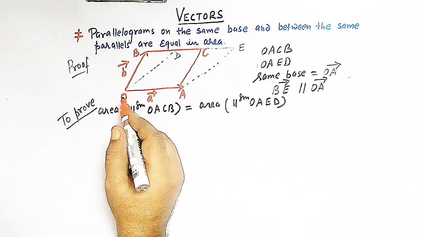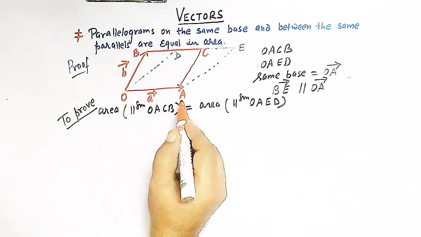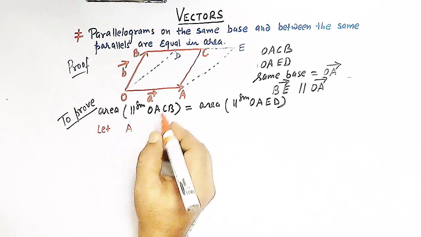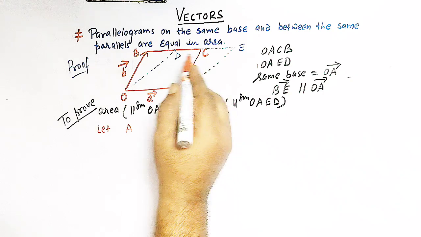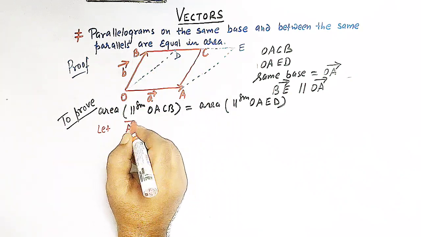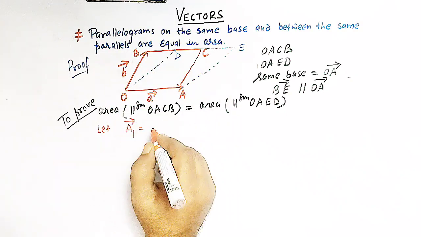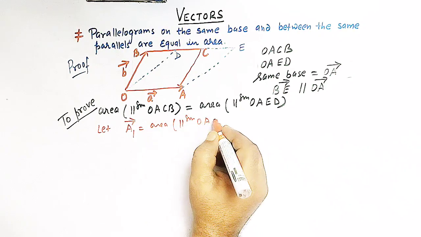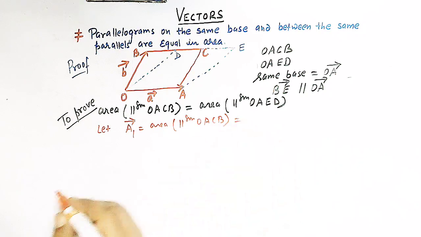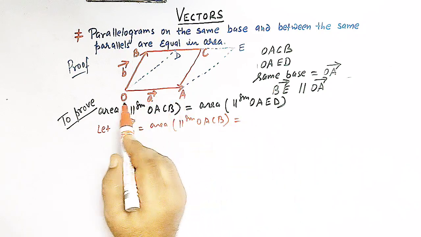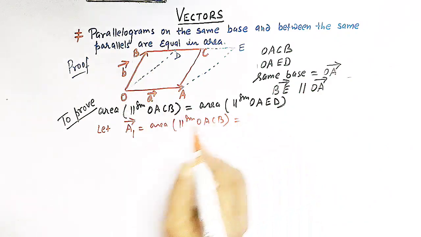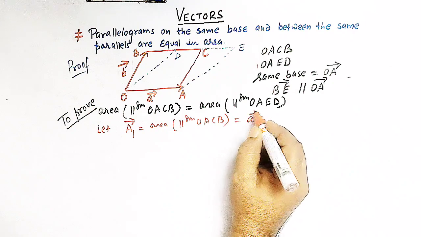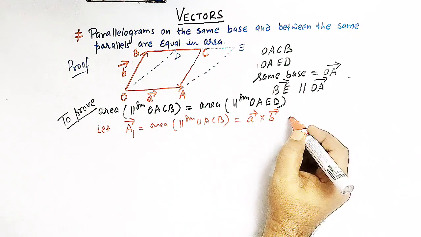So let us first consider this parallelogram OACB, and let the vector area of this parallelogram OACB be denoted by vector A1. So vector A1 represents the area of parallelogram OACB, and we know that the area of this parallelogram is given by the cross product of these two vectors, that is vector A and vector B, right?